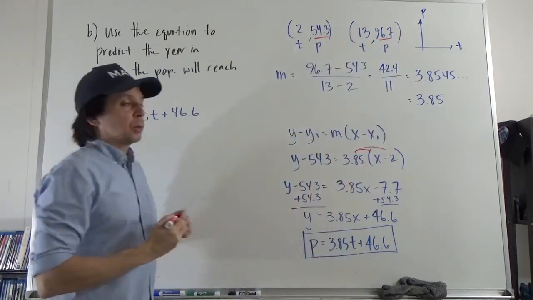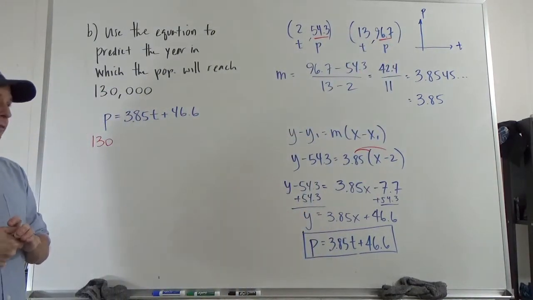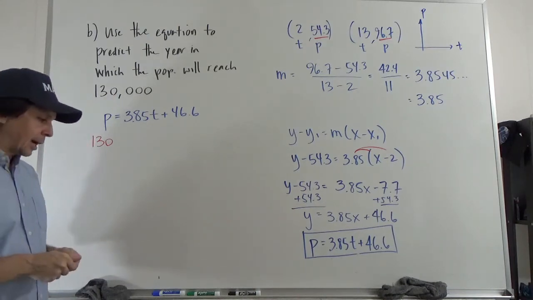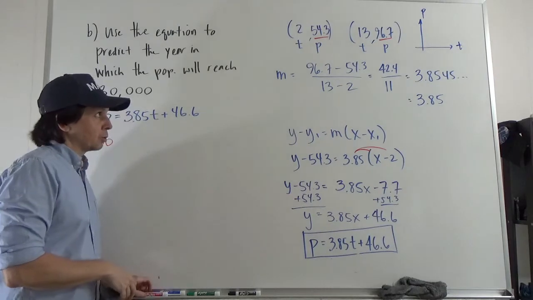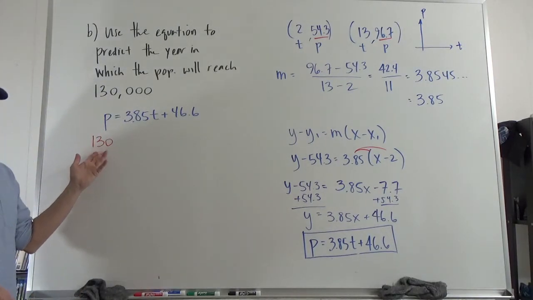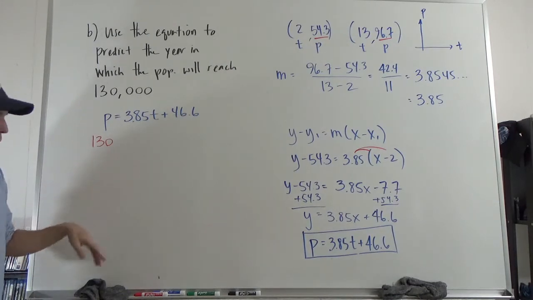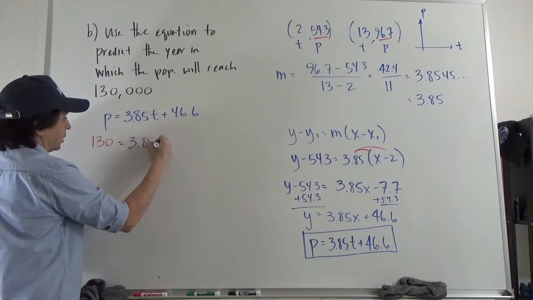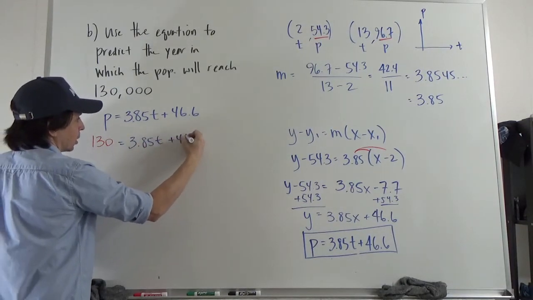That's 54.3 thousand, even though they only write 54.3 as their coordinate. The other one is 96.7 thousand, even though they only use 96.7 as a p value. And so here we need to be consistent with that, not 130 with 3 zeros, just 130. I'm looking for the year, so I'm going to be solving for t. I'm going to do it rather quickly.